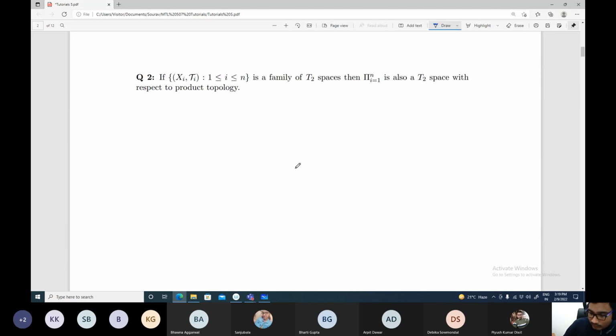Okay, so what about this one? If all these spaces are Hausdorff or T2, then the product space is also T2, right? How?